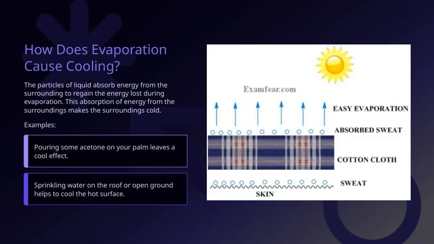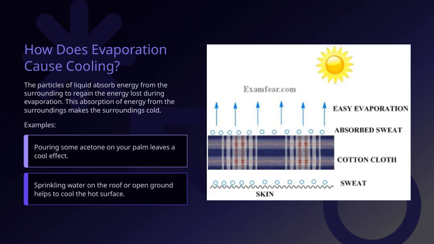So, how does evaporation actually cause cooling? Well, when a liquid evaporates, its particles need to absorb energy to change from liquid to vapor. They take this energy from the surrounding environment, which means the surroundings lose heat. And as a result, the environment around the evaporating liquid becomes cooler. For example, if you pour some acetone on your palm, you'll notice it feels cool. That's because the acetone evaporates quickly, pulling heat away from your skin.